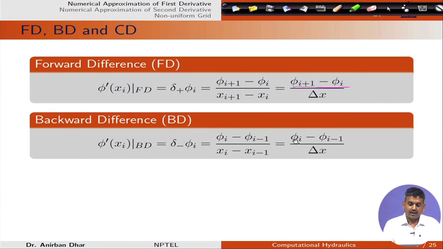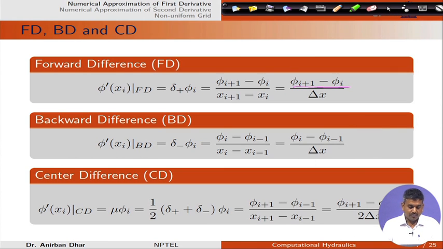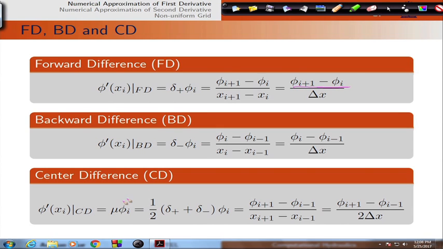Backward difference is phi i minus phi i minus 1 divided by delta x. If we use center difference, then it is phi i plus 1 minus phi i minus 1 divided by 2 delta x. This is the short form for the center difference, which is the average value of the forward and backward differences.